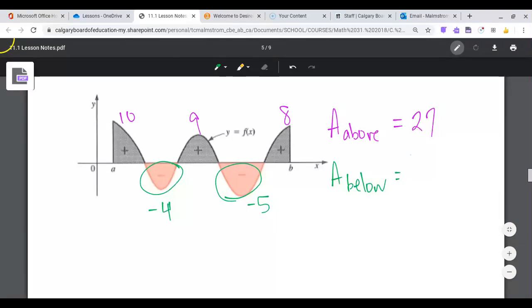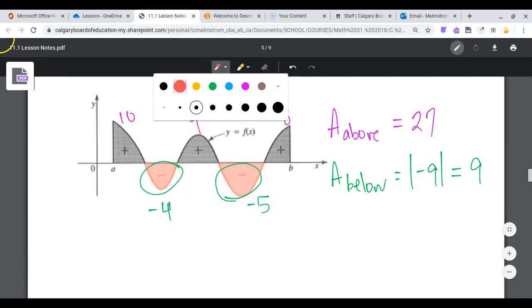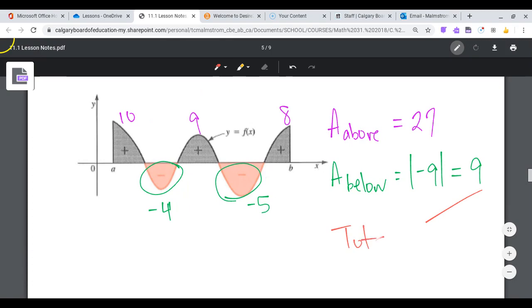We would have got -9, but we would have taken the absolute value of that, because if it's area, it has to be positive. Then the total area would be those two added together, 36 units. Okay, that's total area.